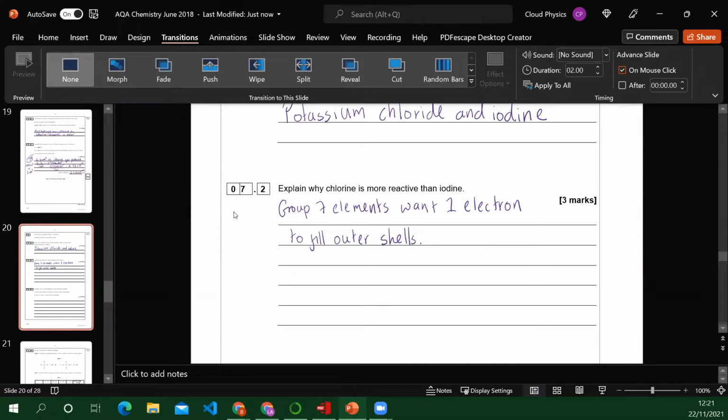Okay. Chlorine's outer electrons are closer to the nucleus than iodine's.